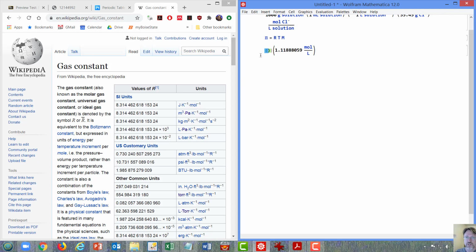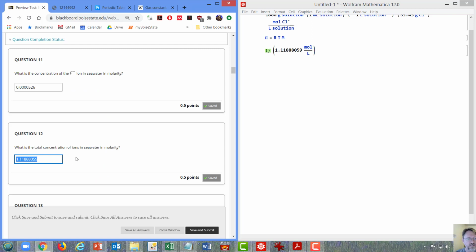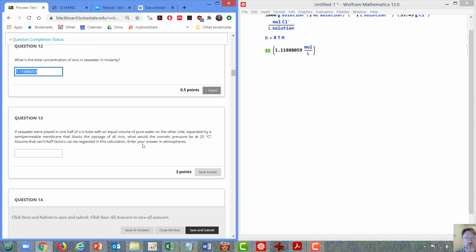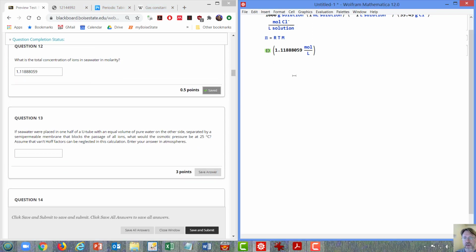Our temperature is, from the problem, 25 degrees C. So that is going to be 273.15 plus 25 to become 298.15 Kelvin.